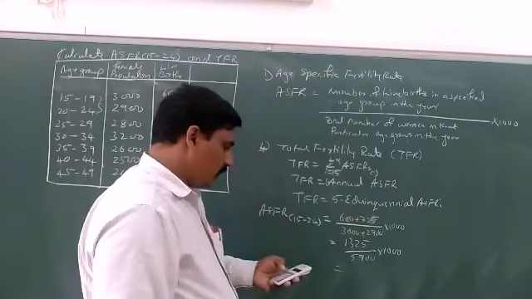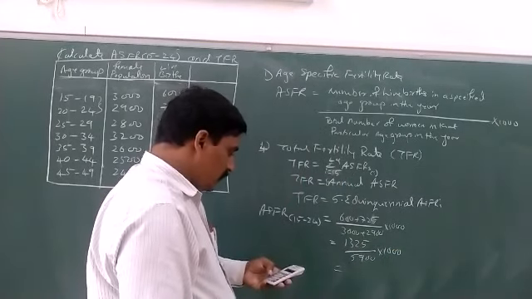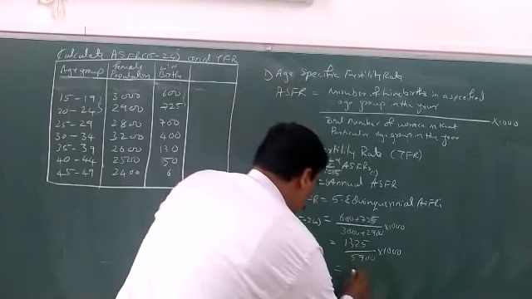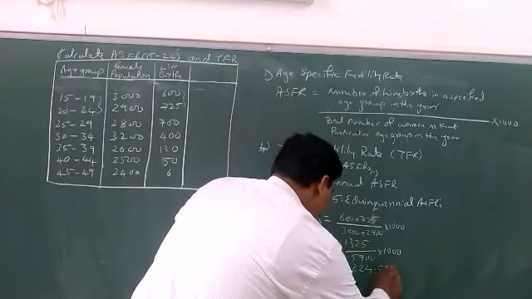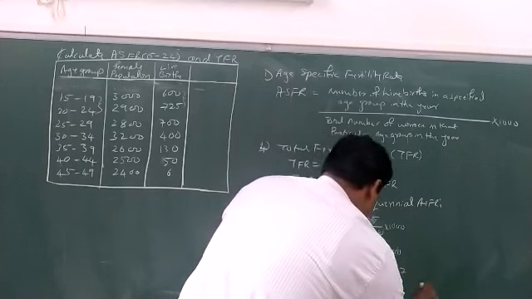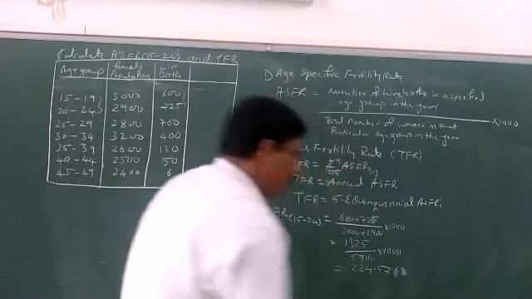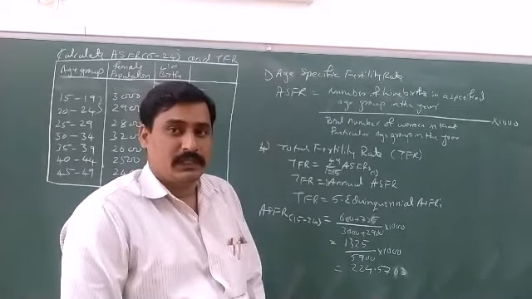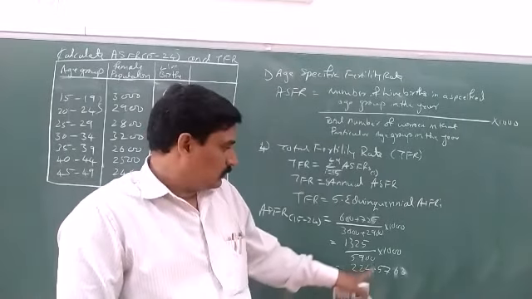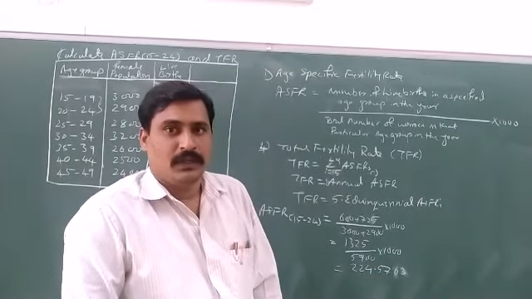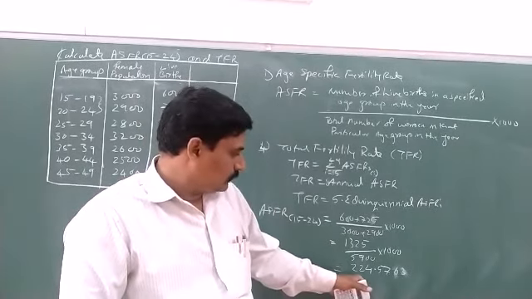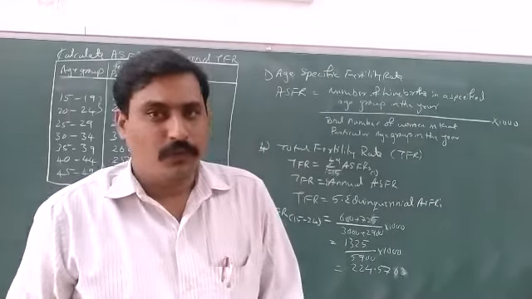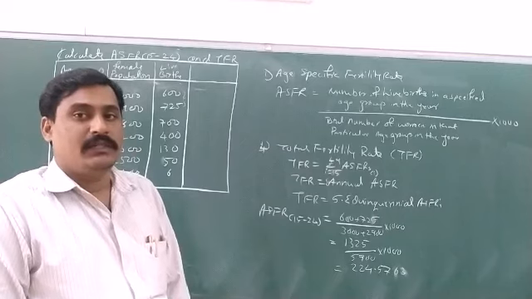So ASFR for the 15 to 24 age group is 224.5763. Okay. Now here, ASFR for 15 to 24 is 224.57, and the next calculation is TFR.